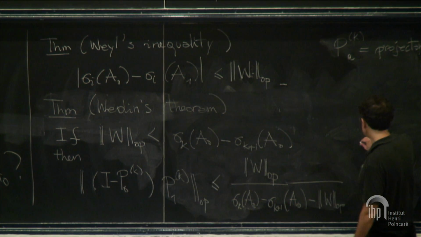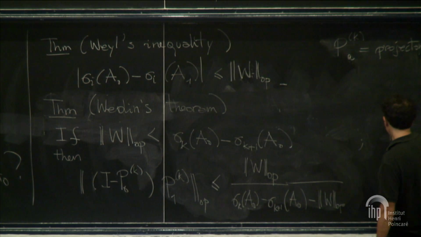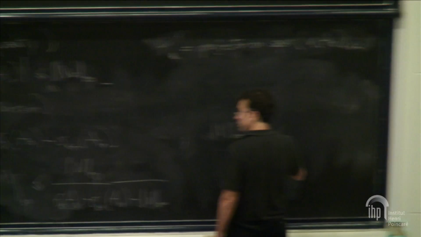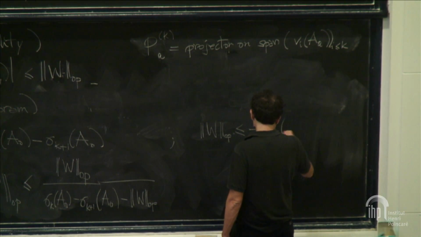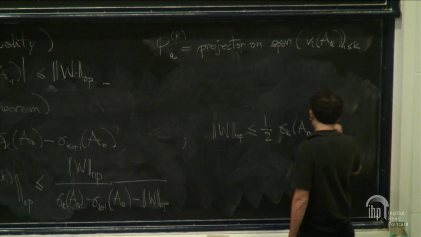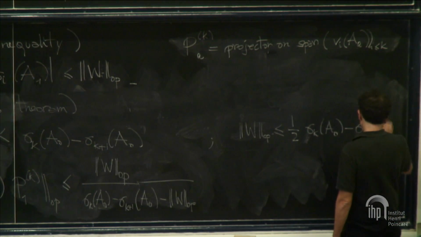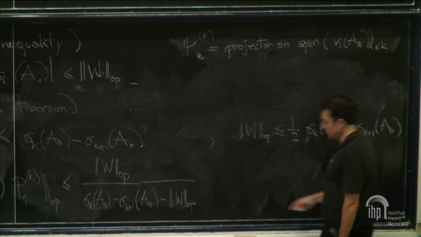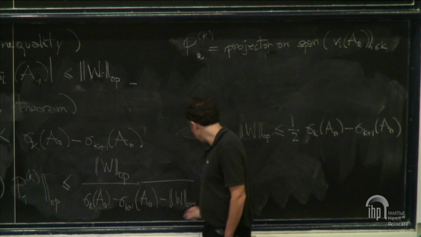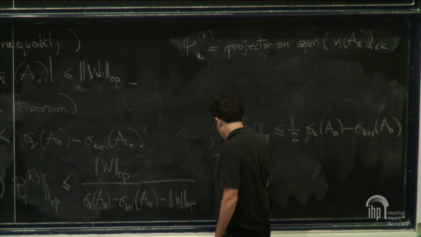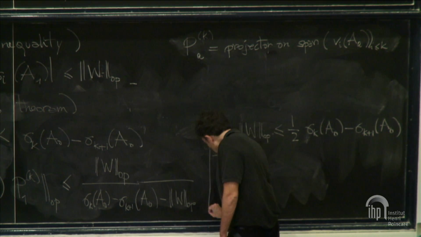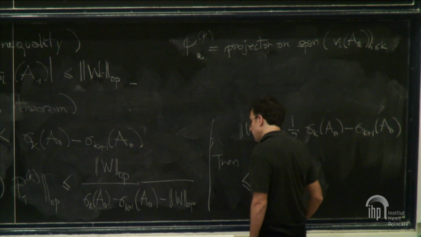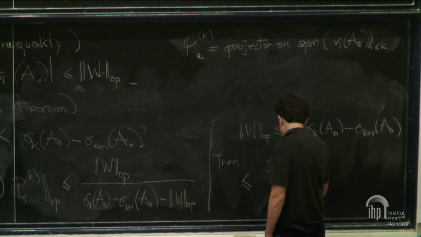To emphasize this even more, I can do the following. Let's say that the operator norm of W is less than 1/2 of the gap. If it's less than 1/2 of the gap, then you can substitute here. With the stronger assumption, the left-hand side is less than 2.